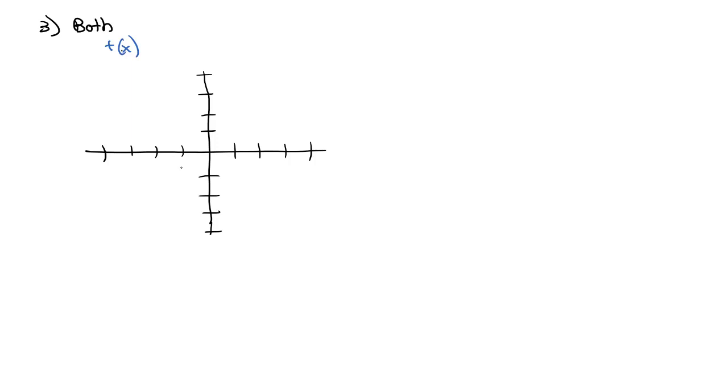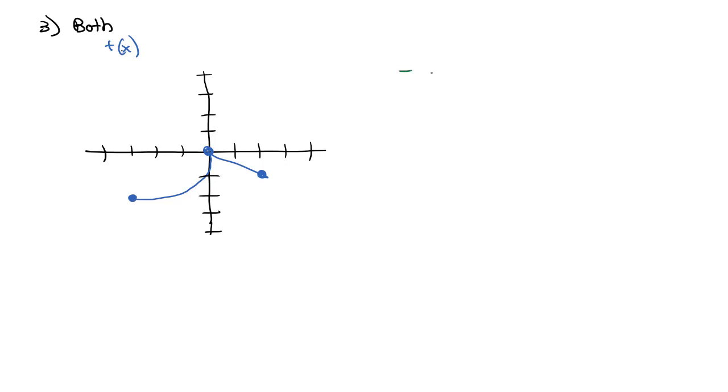And we're going to do a point at (-3, -2), a point at (0, 0), and a point at (2, -1). And we'll do a curve up on the left side and a straight line down on the right side.